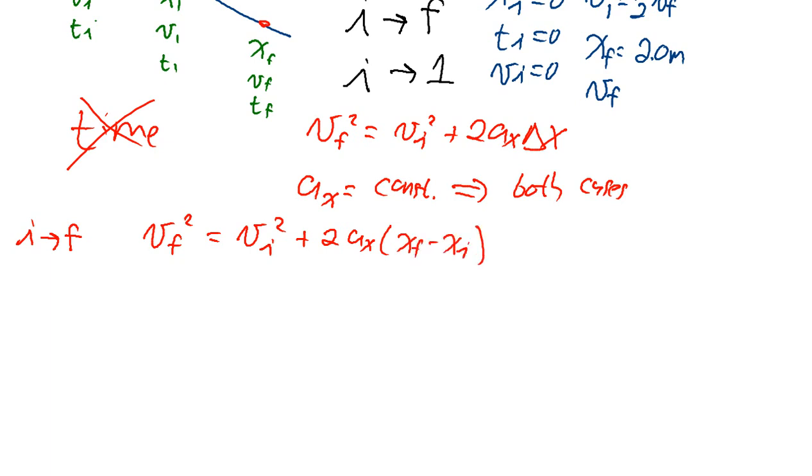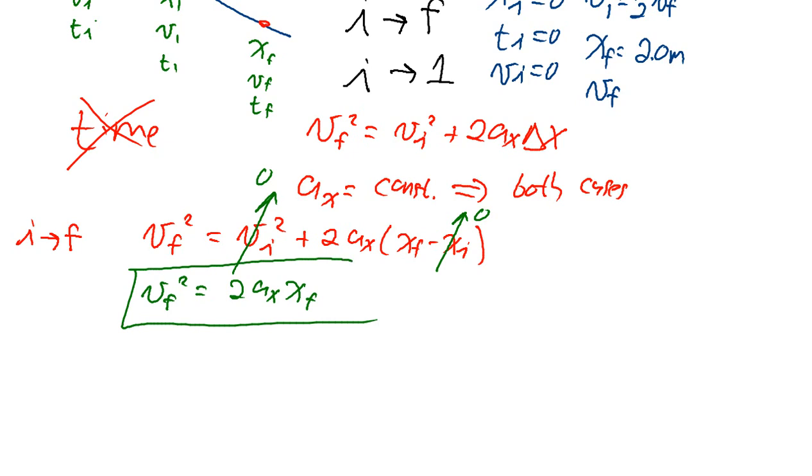Several of those variables are 0, since the object starts from rest at the origin. So v final squared equals 2a sub x times x final. I'll put a box around that.